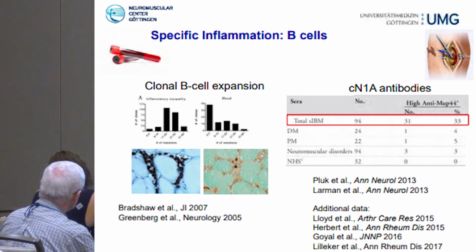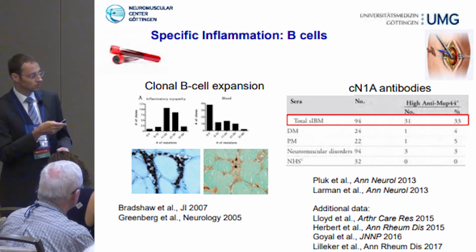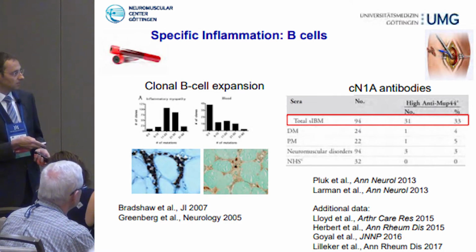This is the vicious cycle of inflammation in IBM that has been shown by many investigators. There is, for example, a more recent publication in 2017 and multiple similar publications from earlier on.